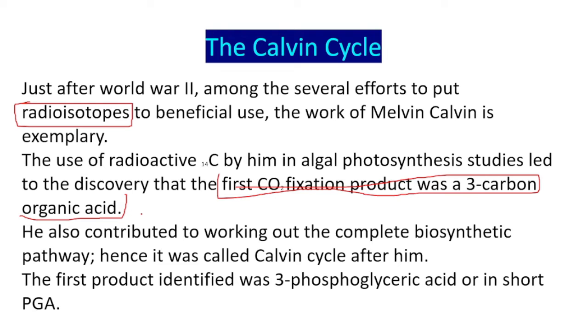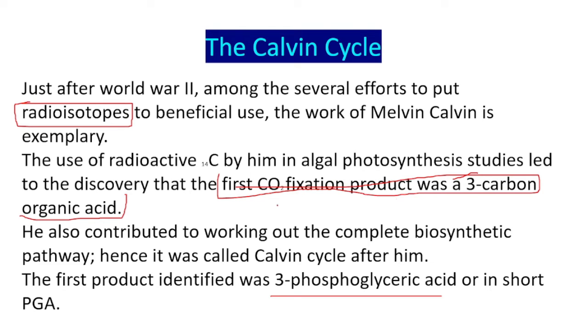After doing this work, he also contributed to working out the complete biosynthetic pathway, and hence we call it the Calvin cycle. It is also now discovered that this 3-phosphoglyceric acid, or the 3-carbon organic acid, is not formed in all plants, but some plants have a different first product of fixation of carbon dioxide, that can be 4 carbon.